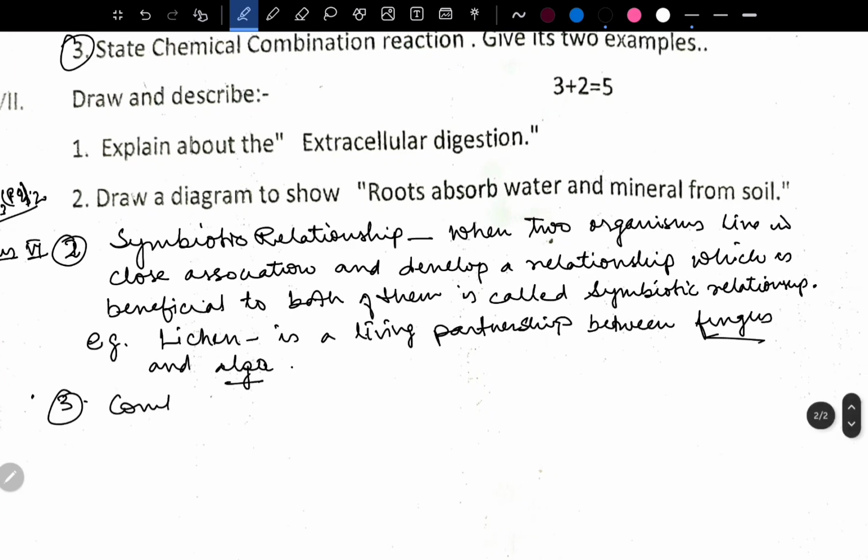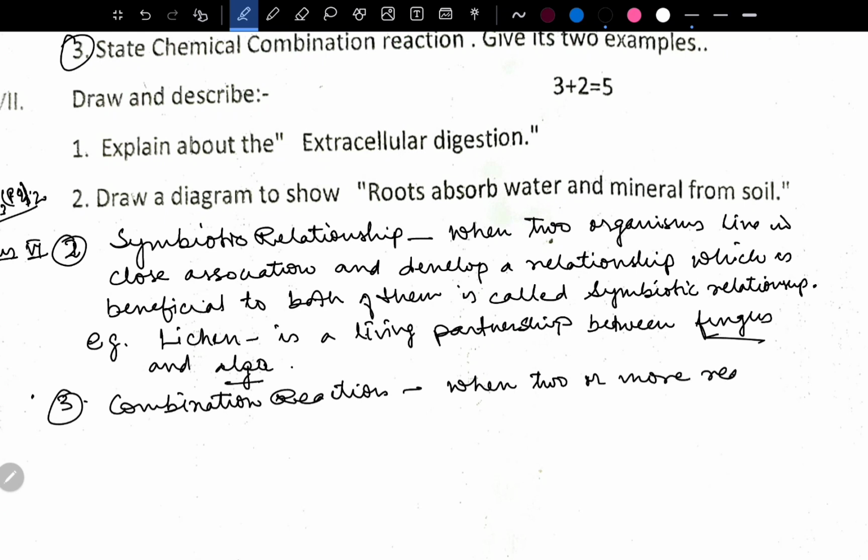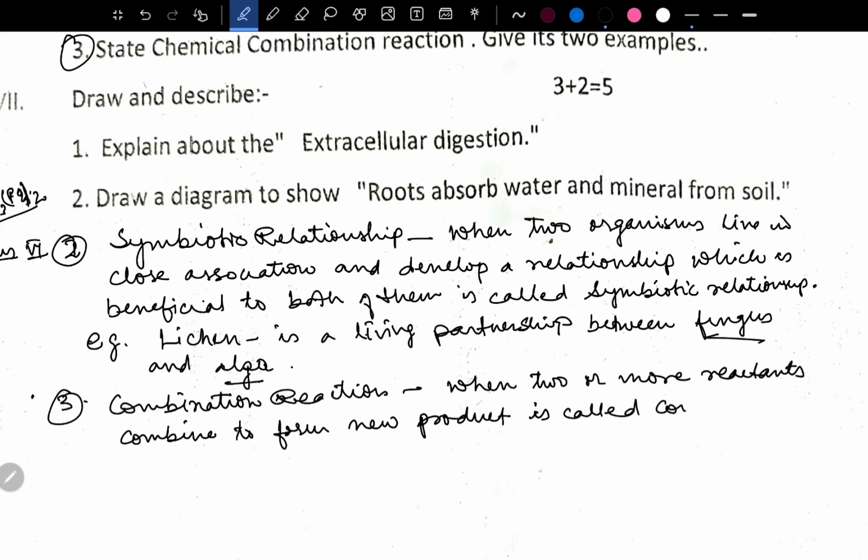So combination reaction. Combination reaction is when two or more reactants combine to form new substance, new product. It's called combination reaction.